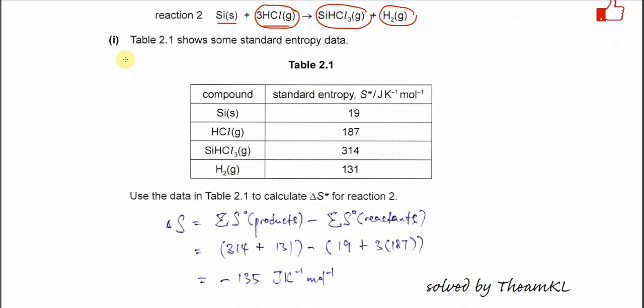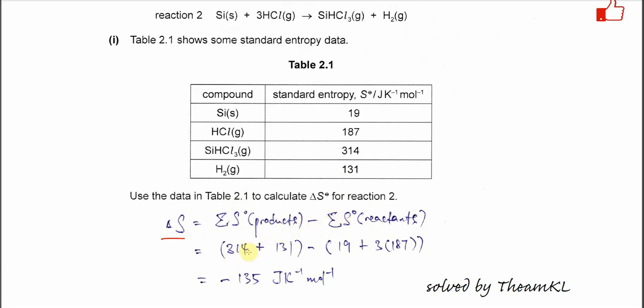Part 1. Entropy data is given for the reactants and products, so use this to calculate delta S. To calculate delta S, we need the sum of the entropies of products minus the sum of entropies of reactants. So substitute all the entropy data.